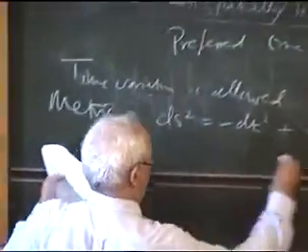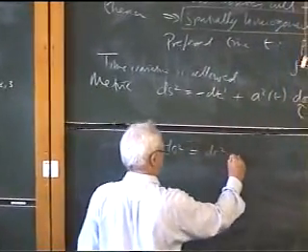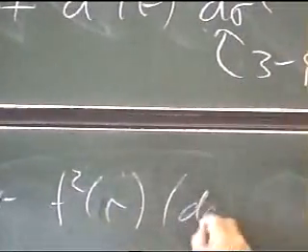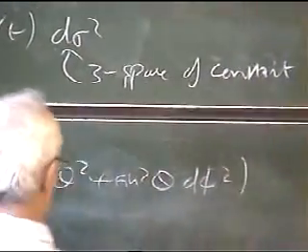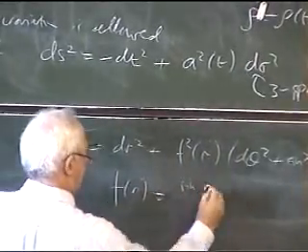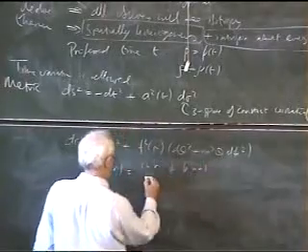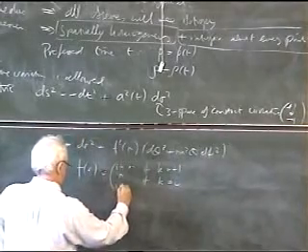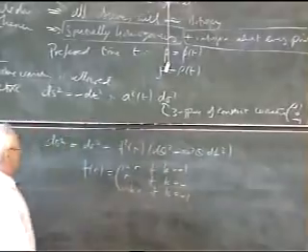And if you write that out, we get, in the coordinates I like, we get as follows: dr squared plus f squared of r into d theta squared plus sine squared theta d phi squared, where f of r is sine of r if k is plus 1, is r if k is 0, and is hyperbolic sine of r if k is minus 1.